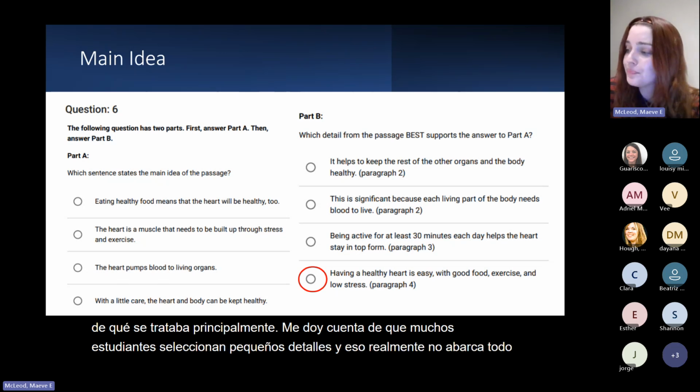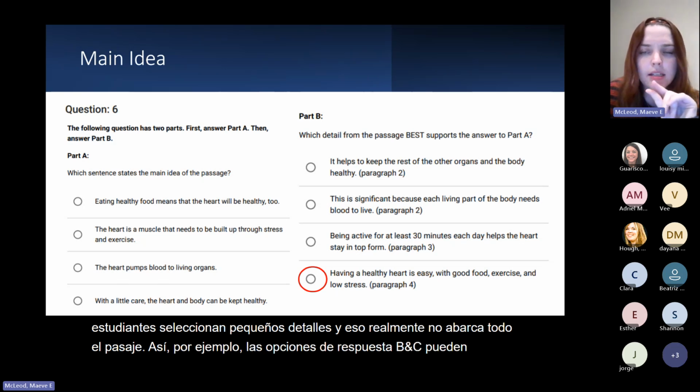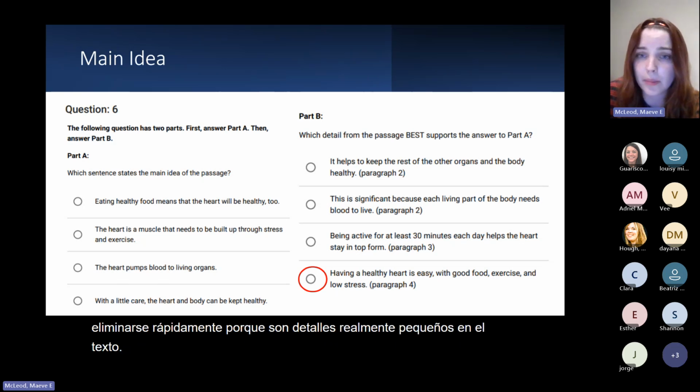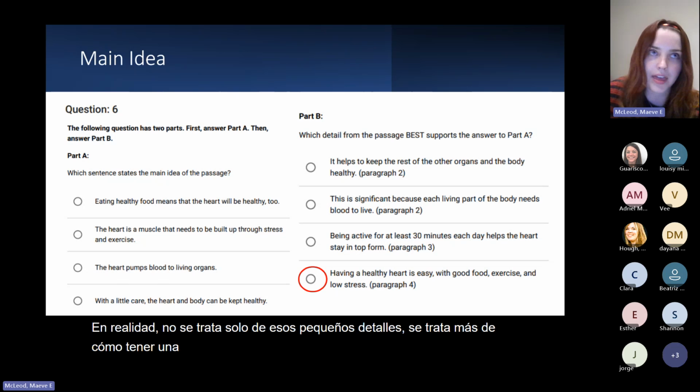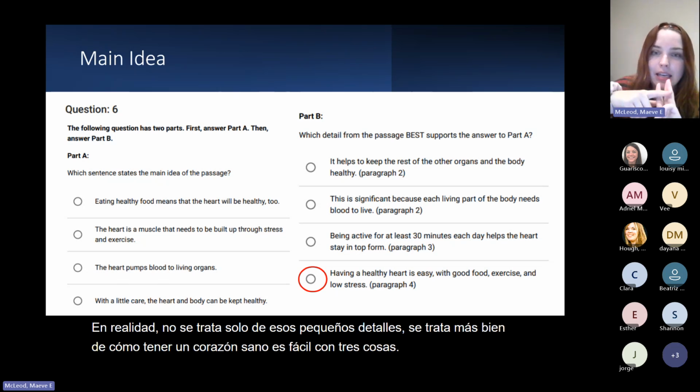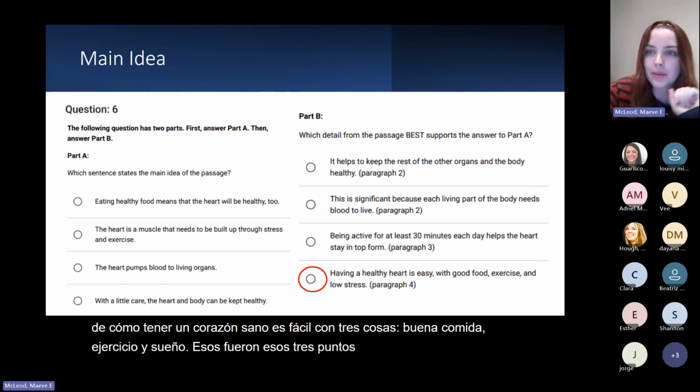So for example, answer choices B and C can quickly be eliminated because those are really small details in the text. It's not really all about those small details. It's more about how having a healthy heart is easy with three things: good food, exercise, and sleep. So those were the three main points we were trying to hit in part B.